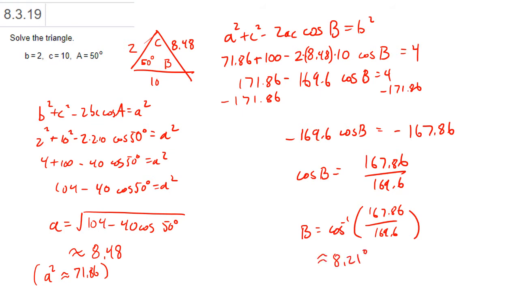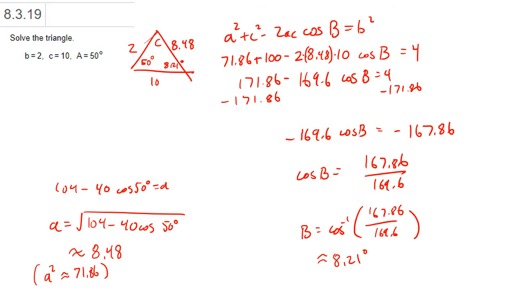So I come back to my triangle. We'll go ahead and label capital B as about 8.21 degrees. The only thing missing now is to find our missing angle C, but I have two angles, which means finding the third is just a quick utilization of the fact that the angles of a triangle add up to 180.